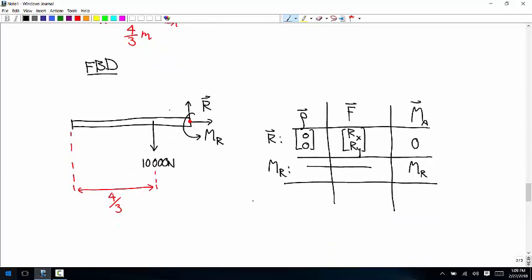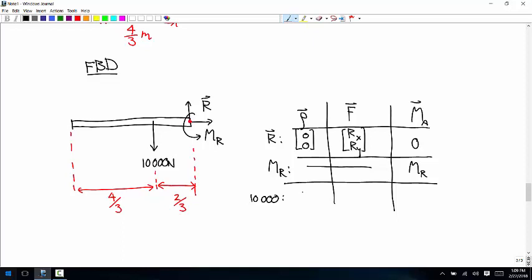Then we have the 10,000 Newton force. The rho vector, well, since our about point is over here, the distance we really need is this. The whole thing is 2 meters. This part that we don't care about is 4/3, so this is 2 minus 4/3, so 2/3.